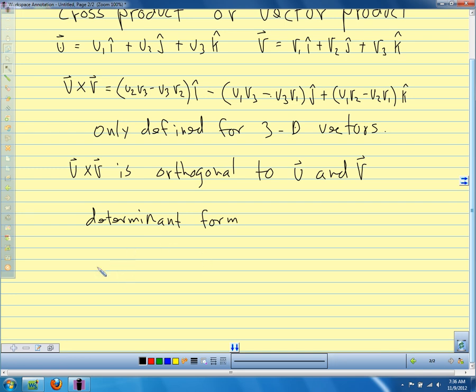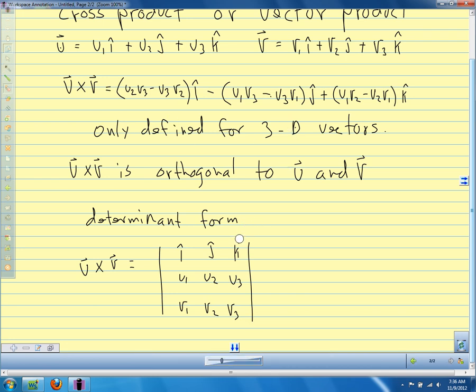So I say u cross v is this determinant: i j k, u1, u2, u3, v1, v2, v3. So this is not actually a determinant. It's just that the cross product takes the same form as the determinant of a matrix.